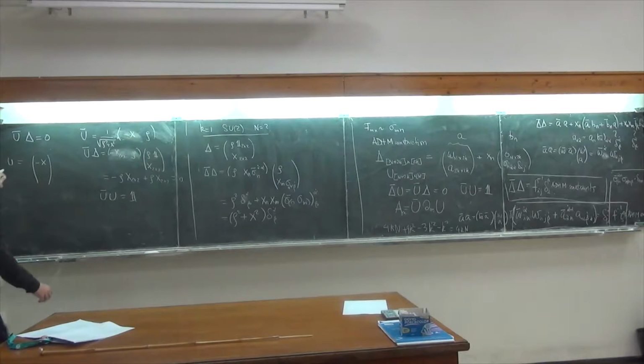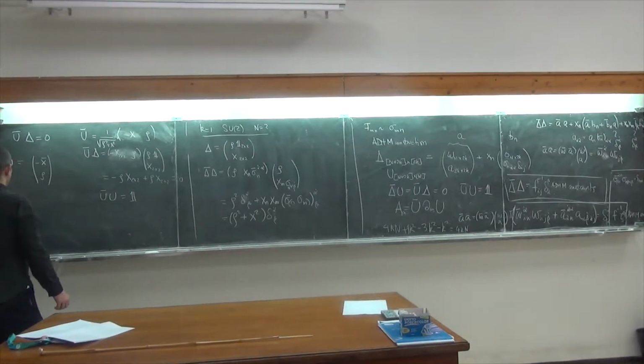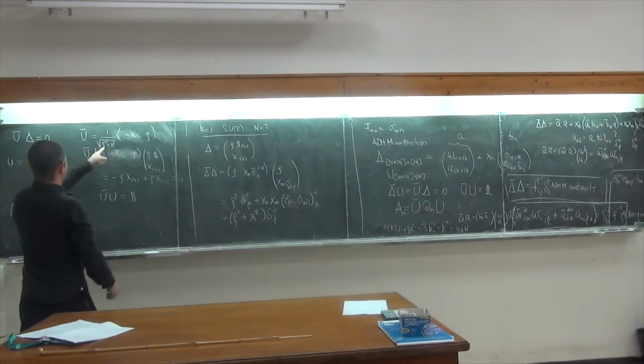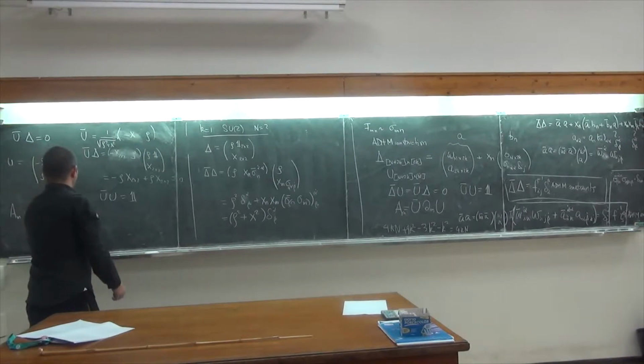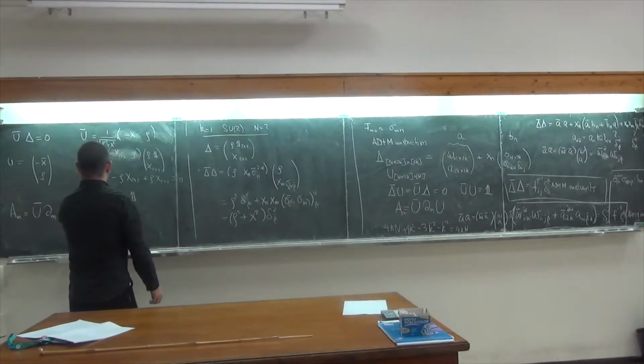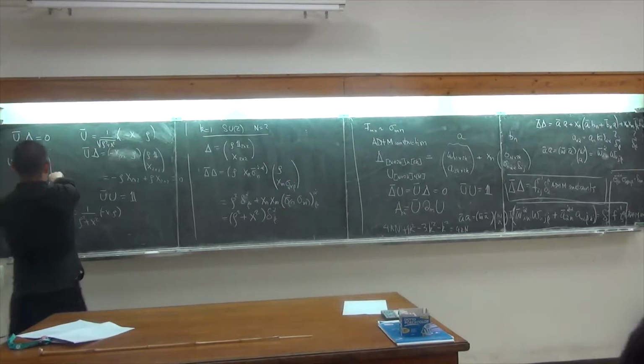Okay, now then u is the bar of that. This will be minus rho bar x bar rho. Rho is real. Therefore, let's compute a. A_m is u bar d_m of u. This is u bar times u. Here there will be a factor 1 over rho squared plus x squared. Okay, and now I should compute this u bar, which is minus x rho, times d_m of that.